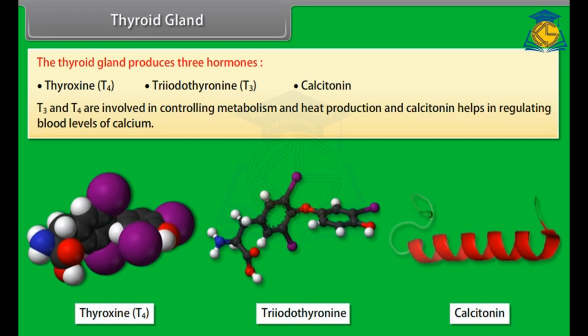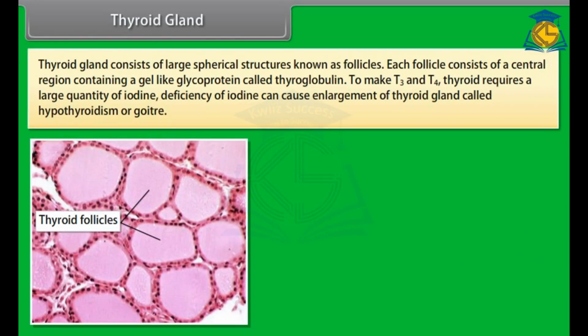Thyroid gland consists of large spherical structures known as follicles. Each follicle consists of a central region containing a gel-like glycoprotein called thyroglobulin. To make T3 and T4, thyroid requires a large quantity of iodine.